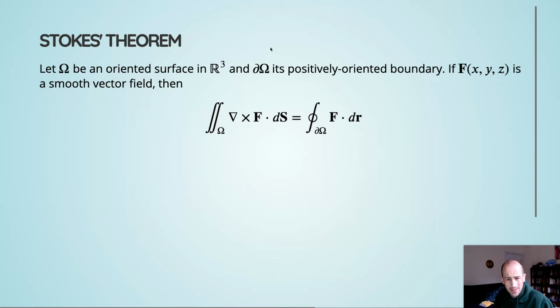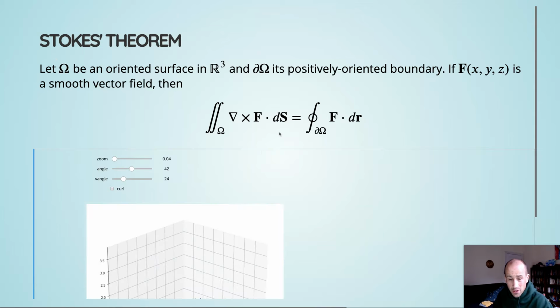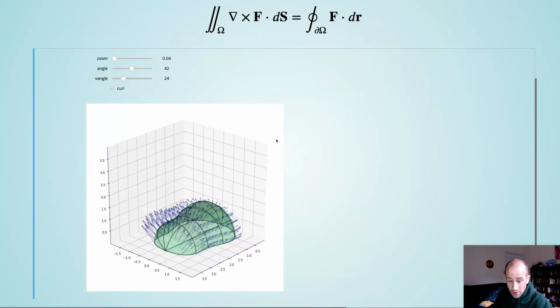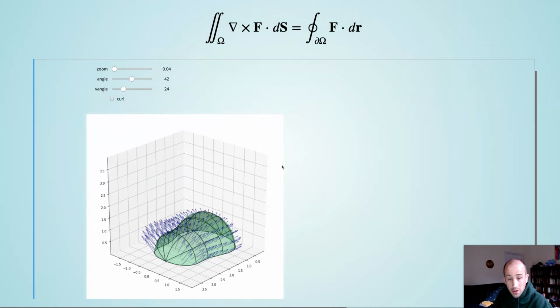Now, what does positively oriented mean here? It means relative to the orientation of the surface. This becomes a little clearer if we look at a picture of a general surface. So here's a picture of what's going on. Clearly there's a vector field F, graphed here in blue, but I just want you to pay attention to the surface here in green.